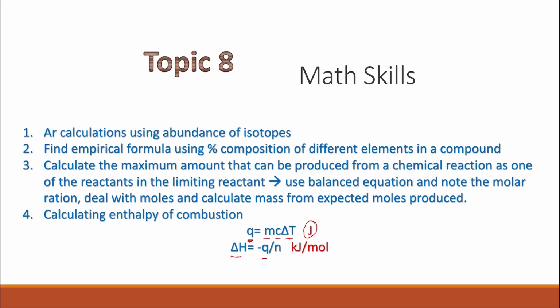So this is going to be the Q, but now we need to convert this Q from joules into kilojoules and divide this by the number of moles of our product, or the number of moles of the fuel that has been burned. Remember as well that when it's combustion, or when the temperature increases, then the value of the ΔH is going to be a negative value.